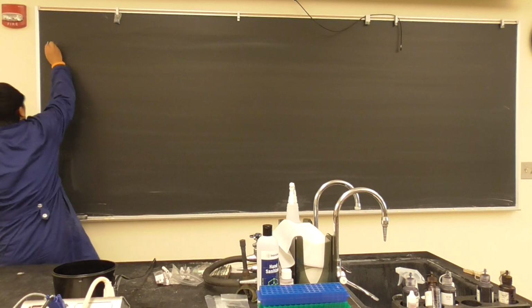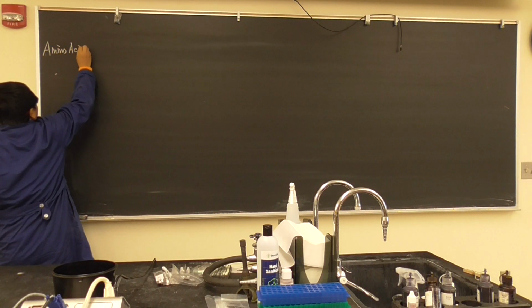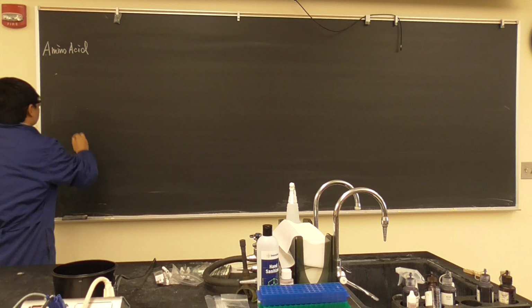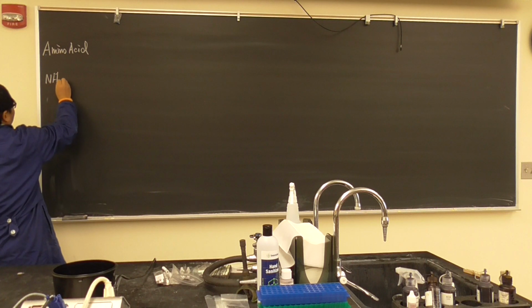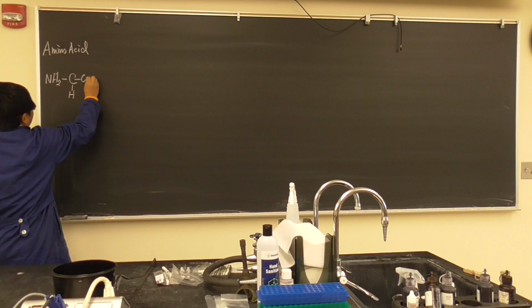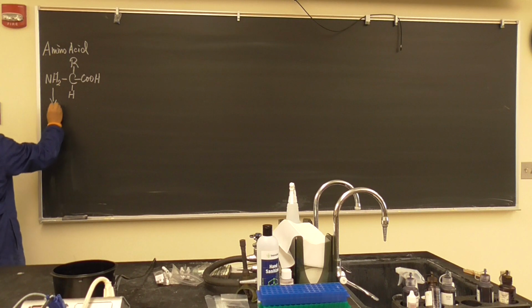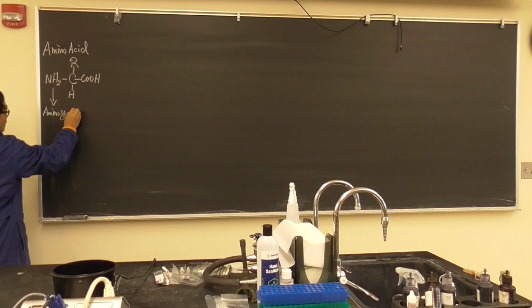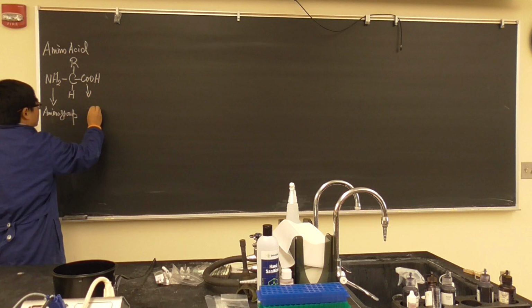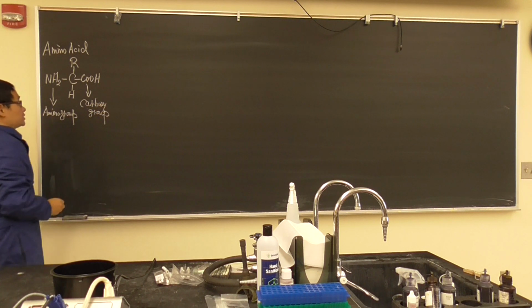So, first of all, everybody should be very clear: amino acid, what is the basic structure? NH2, the center is CH, and COOH, and the side chain is R. So NH2 is the amino group, and COOH is the carboxyl group, or carboxylic acid.